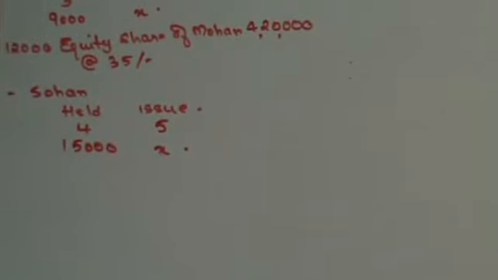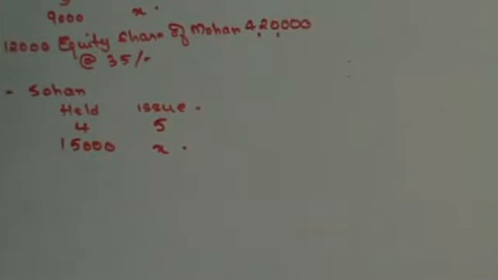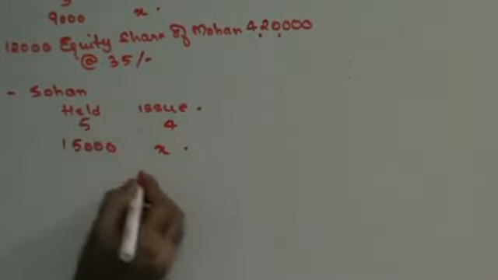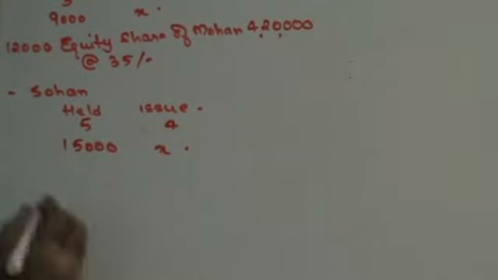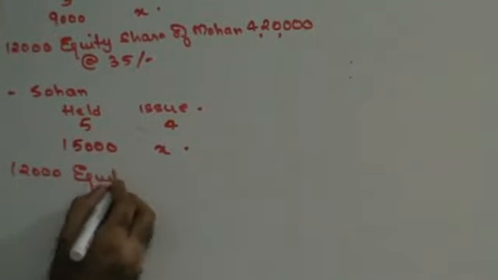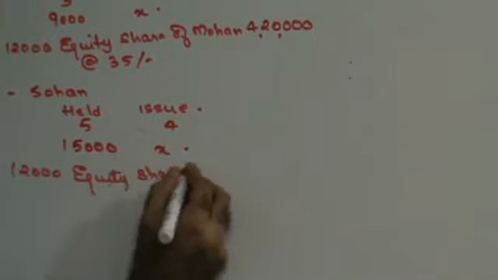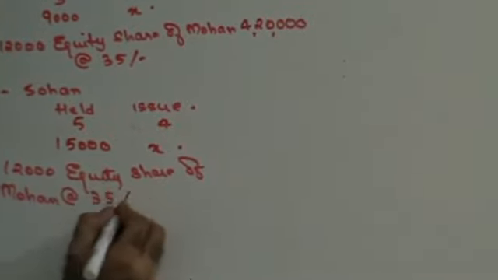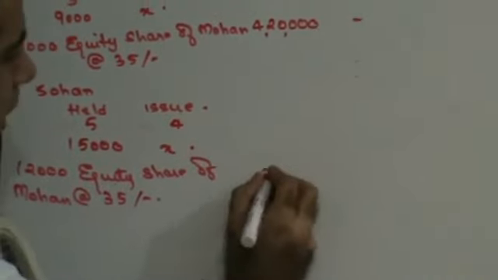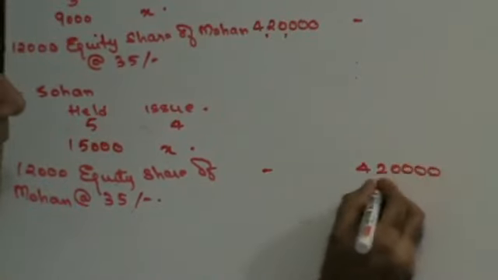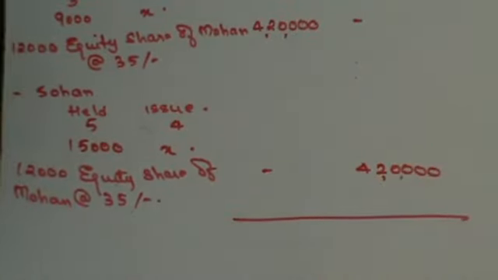So again this is 12,000 equity shares of Mohan at the rate of 35, which is again 4,20,000.